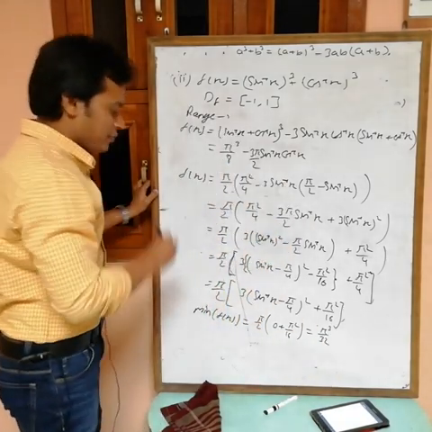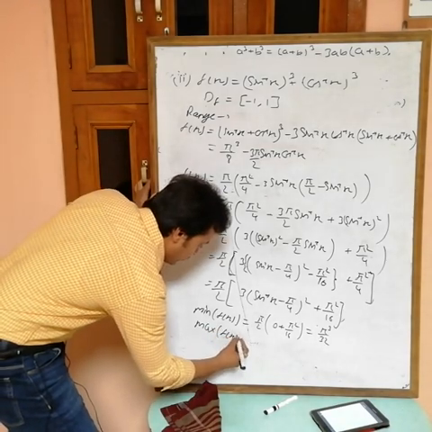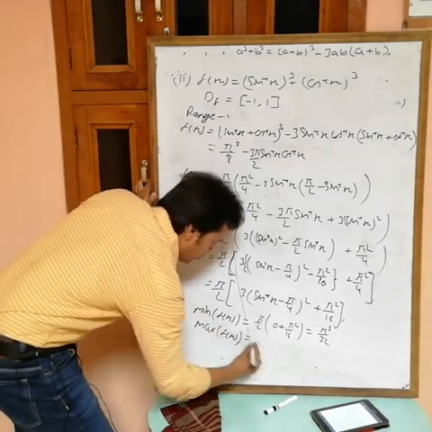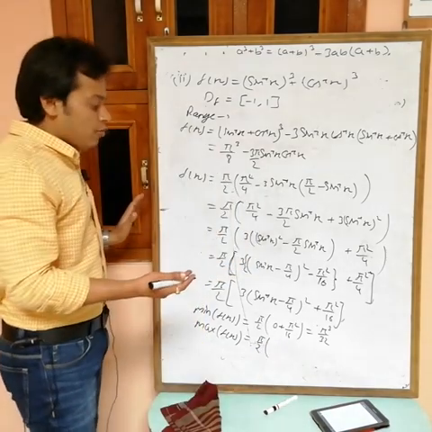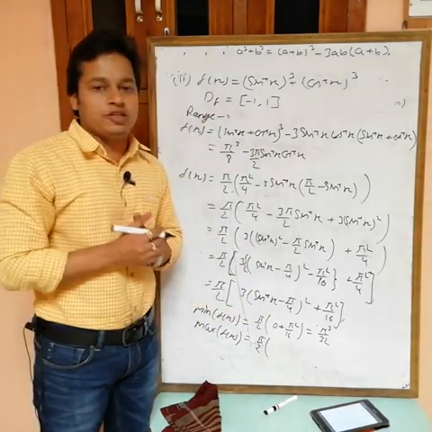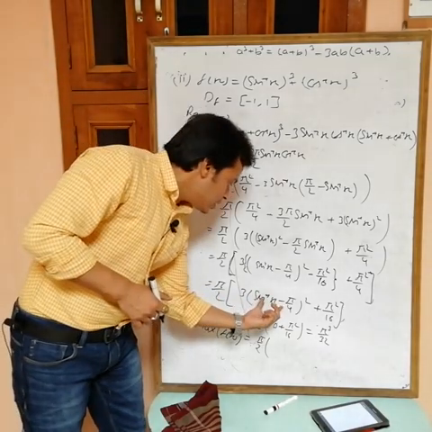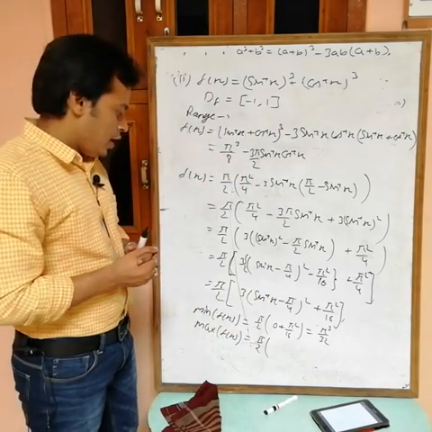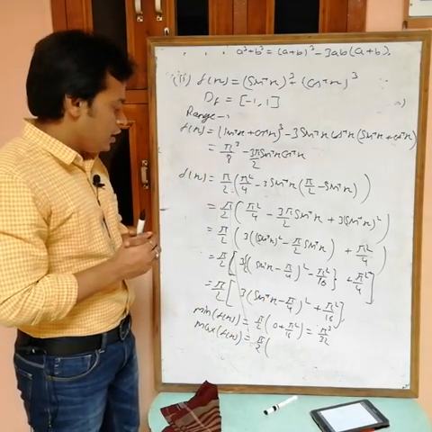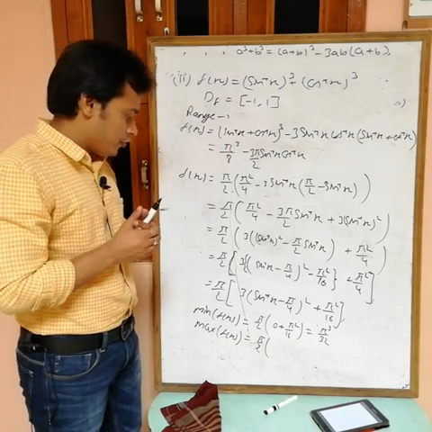Okay, now we want the maximum value. Maximum of f(x). Again pi by 2 as it is. For the maximum of f(x), this must be maximum. Okay, and this will be maximum when this difference is highest. The highest difference is sine inverse x minus pi by 4.